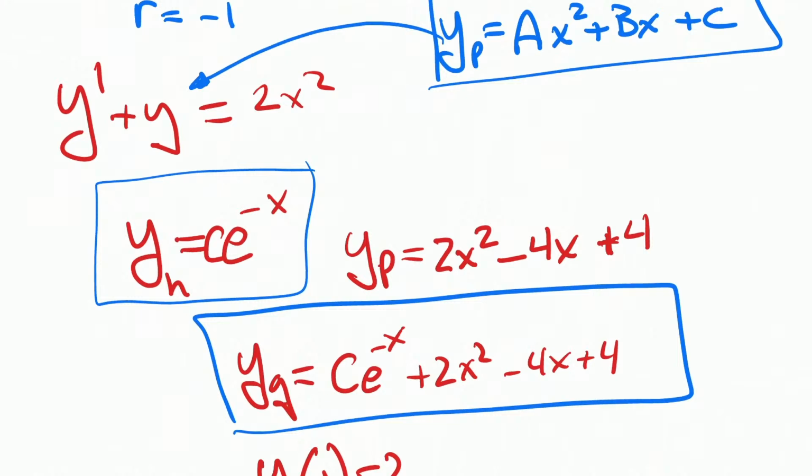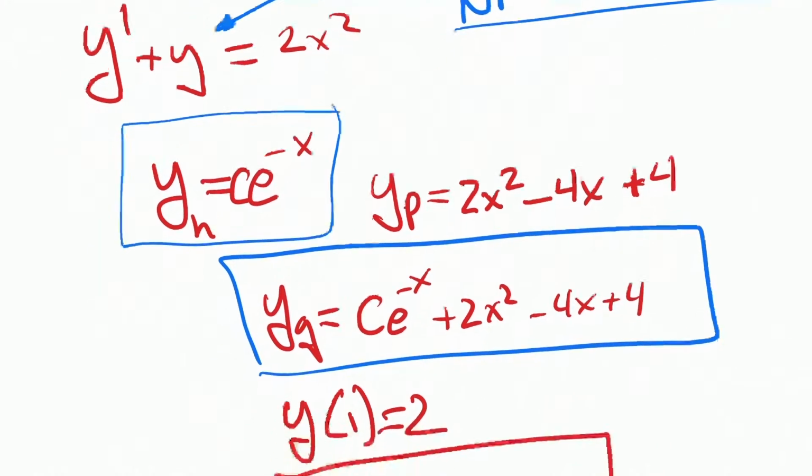And to figure out what c is, I use that initial condition, y of 1 equals 2. Well, check it out. When I plug 1 in here for x, I get c times e to the -1 plus 2 minus 4 plus 4. So I get c times e to the -1, plus 2.